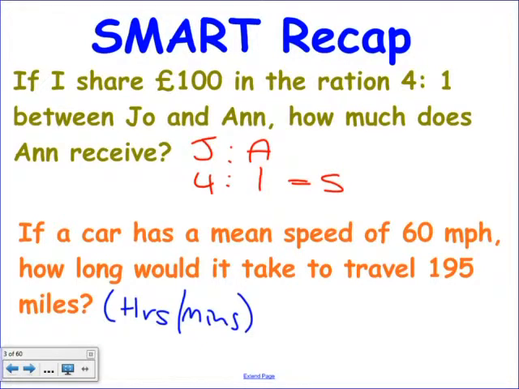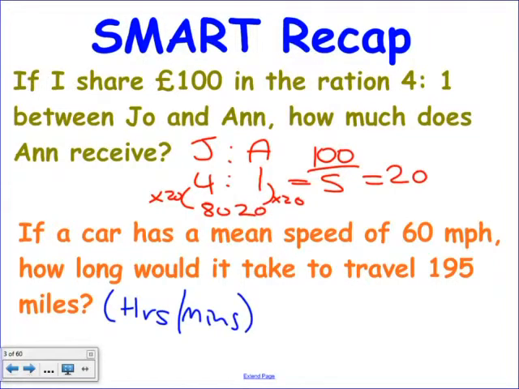And 100. Then divide 100 by 5. Because the 100 was relating to a total, 1 part is worth 20. So 4 parts is 80, because we're multiplying each side by 20. And 1 part is 20.